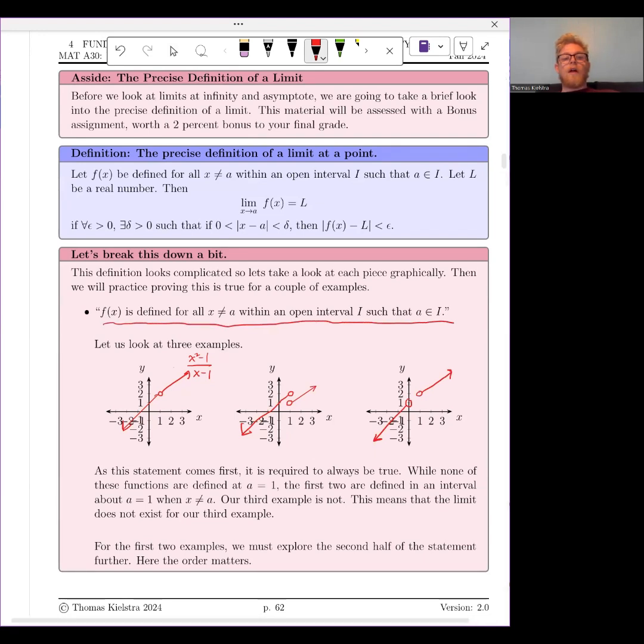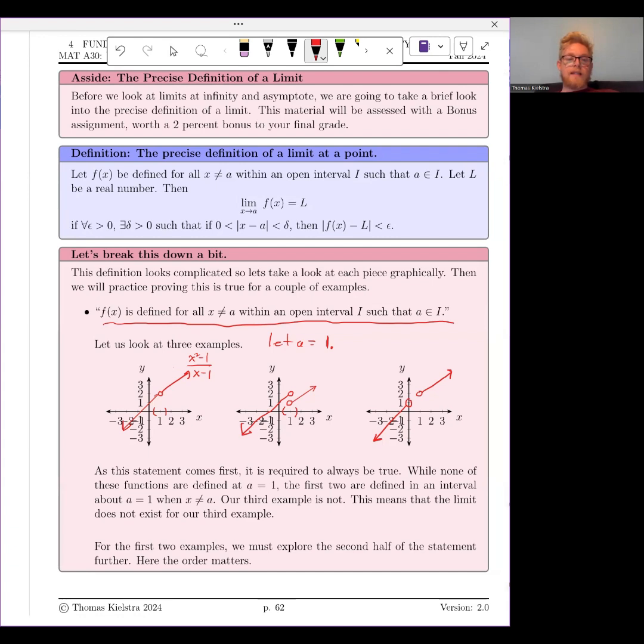It's defined for all x not equal to a within an open interval I, such that a is in I. And we're going to look at a equaling 1. So if we look at the x value 1, here, if I create just an open circle around 1, this line is defined everywhere except for at 1. Here, as once again, I create that open interval, it's defined everywhere except for at 1.